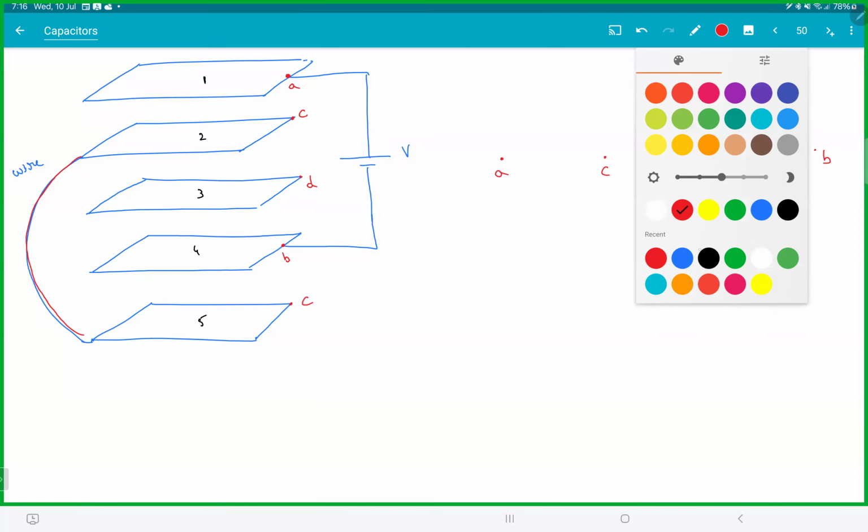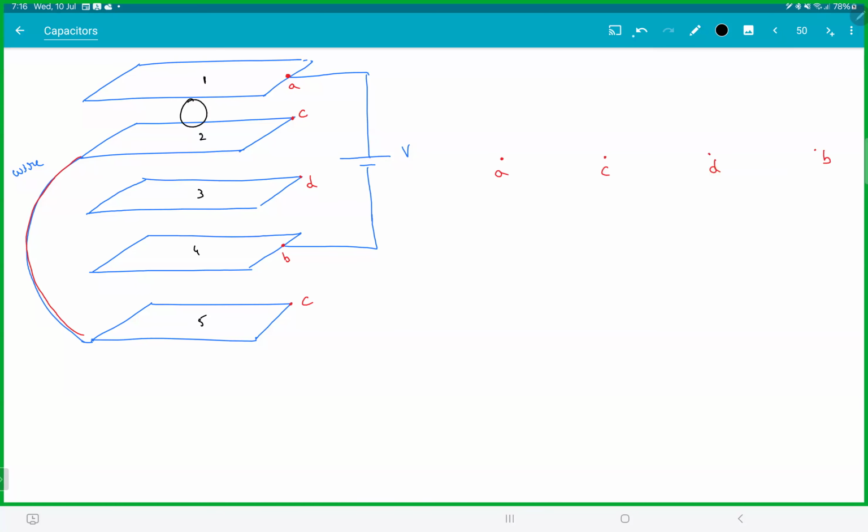Now understand here, what is a capacitor? Capacitor is nothing but the space between them. So this capacitor, the first one, is between A and C, fair enough. But it is made of which faces? So this thing is made of first plate ka downside, and this thing is second plate ka upside. Are you getting how I'm writing? 1 down and 2 up.